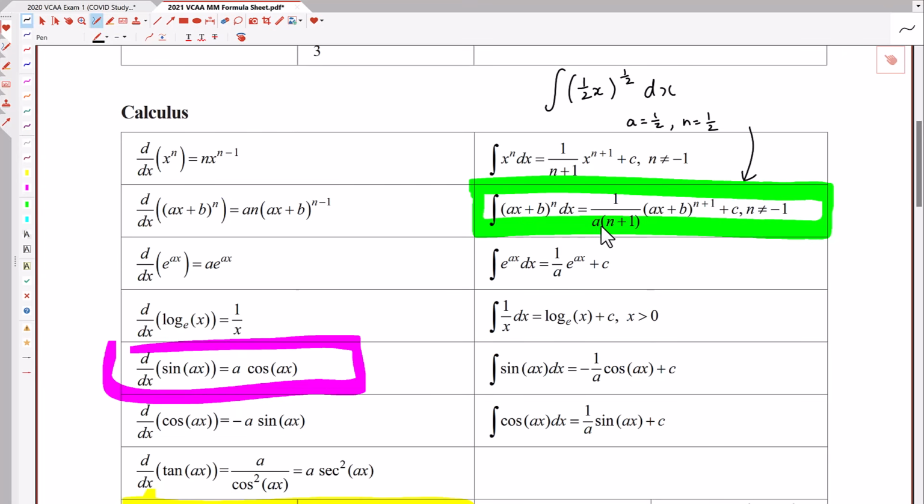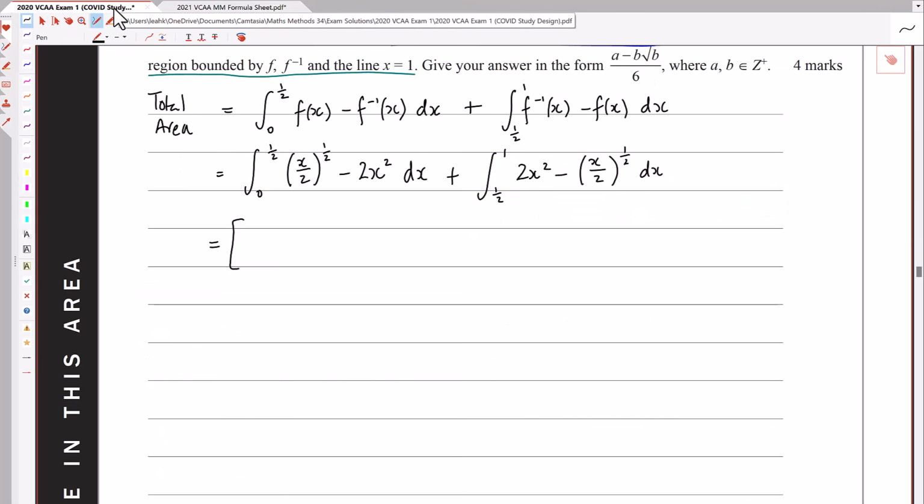So it's going to be half times 3 on 2. And then we're going to have the original thing in the bracket, half x, and we're going to add 1 to its power. Okay, so over here, this is going to be 1 over a, which is half, and n plus 1, which is 3 on 2. And nothing changes in the bracket, and we add 1 to the power.